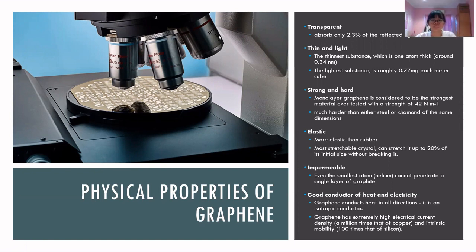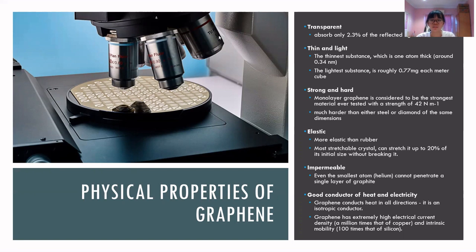It is elastic too, more elastic than rubber. The crystal can stretch up to 20% of its initial size without breaking. Impermeable. Even the smallest atom, helium, cannot penetrate a single layer of graphene. It is also a good conductor of heat and electricity.